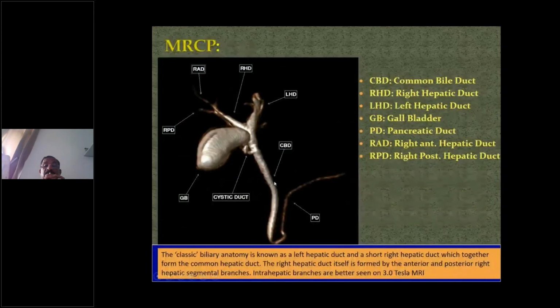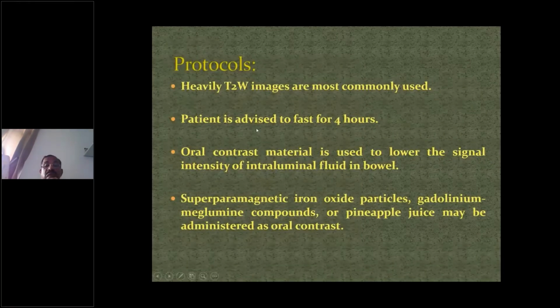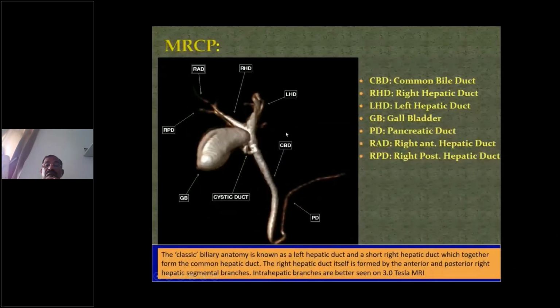The next modality is the MRCP, that is now becoming the gold standard. The protocols normally used are heavy T2 images, in which the bile will appear bright, and on the background we can see the stones.